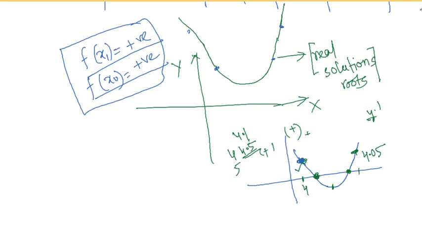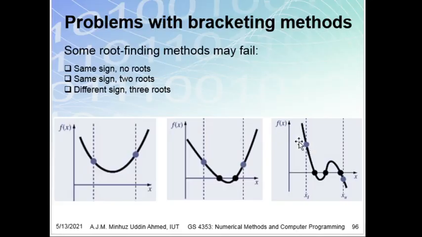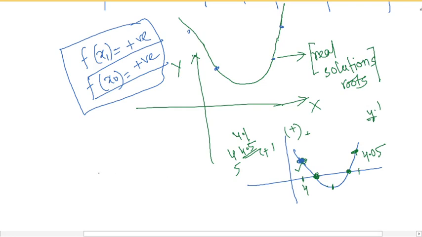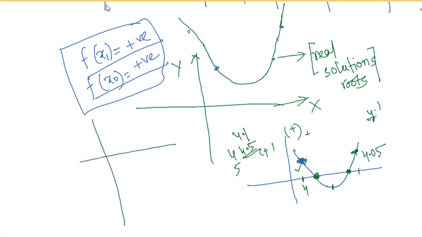Now come to the third problem, which arises from the bracketing methods, and this is finding three roots. Even if you have got two different signs, say for example this one, you might be very delighted.